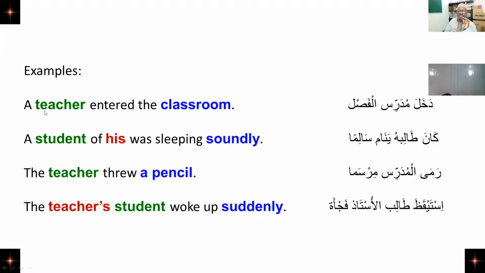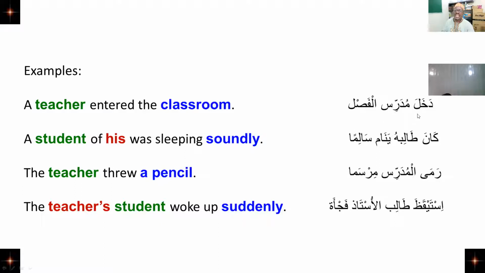Okay, so it's supposed to be the classroom teacher. Dakhala mudarrisul fasla, or dakhala mudarrisul fasli al-fasla. Okay, so if I say dakhala mudarrisul fasla, okay, dakhala mudarrisun al-fasla, it means a teacher entered the class.